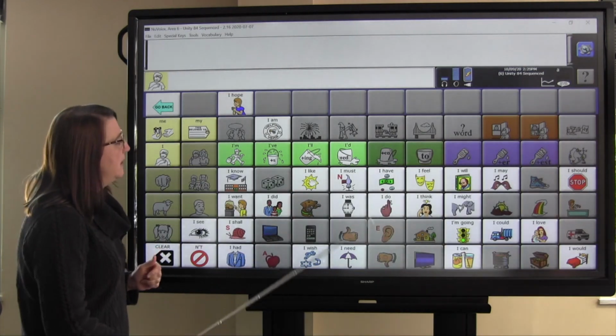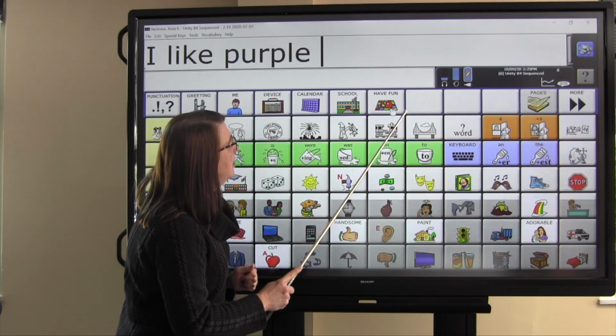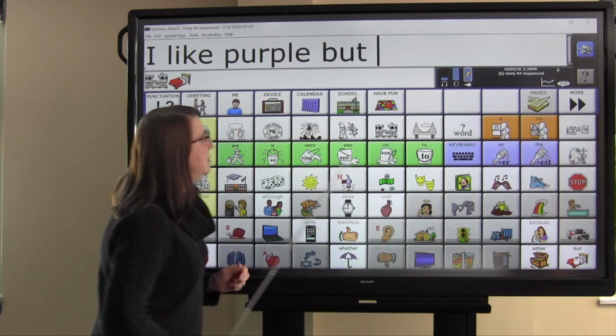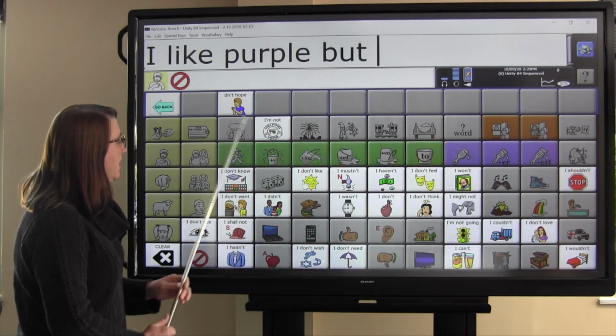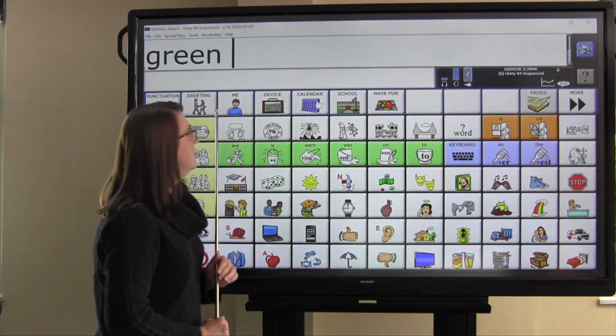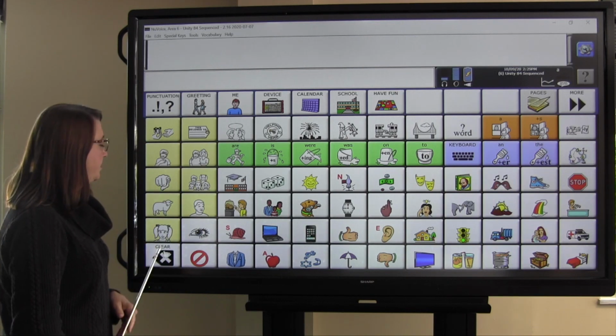I like purple, but I don't like green. I like purple, but I don't like green.